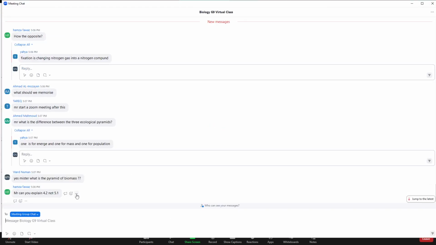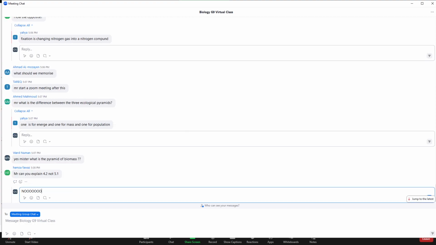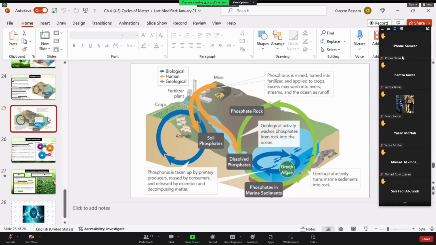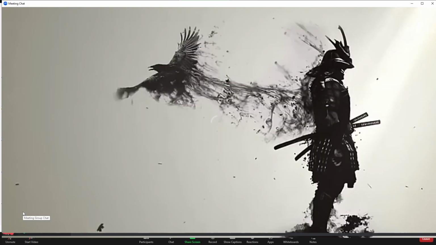One thing that could happen is that the phosphate is taken up by algae found in water, then consumers, then decomposed or released by the excretions of organisms. This is one way. Another is phosphates found in marine sediments, accumulating on the ocean floor.